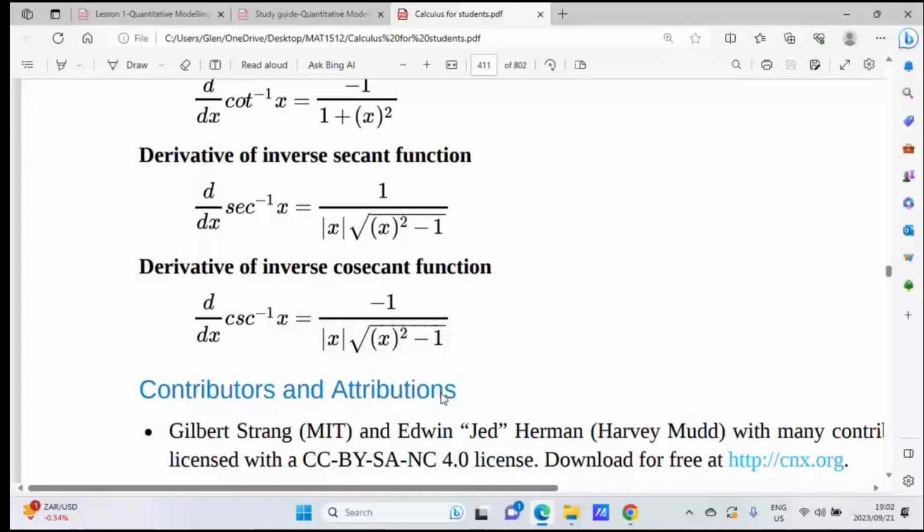For example, the inverse of sec x. From your screen, I see that at the bottom we have an absolute x, but as I was saying, in the book that we're given, Early Transcendentals, there's no absolute value x, it's just x. So now I'm confused as to which one I must use.